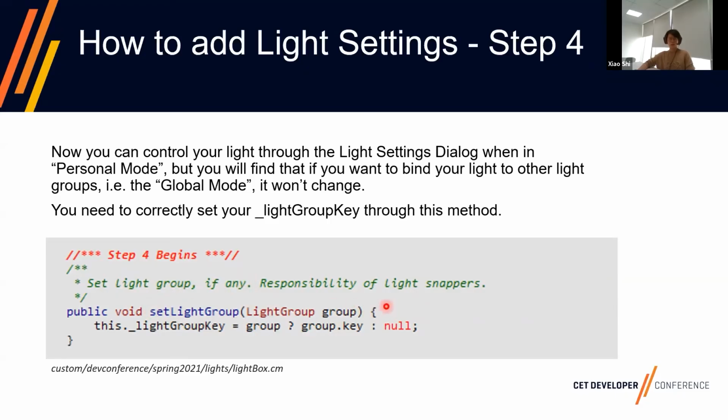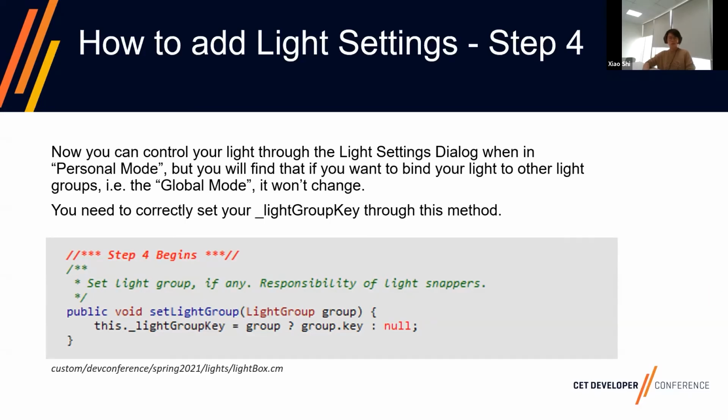Here you need to check your light group key and bind it to your own light group key. If it passes in the personal mode light group, the key is now, then your light group key will be now. And then remember, in the snapper light group, it will just fall to the personal mode.